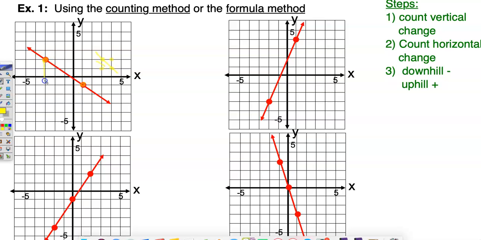So what we're going to do is create a right triangle out of this so we can find our vertical and horizontal change. So this here has a length of 3 boxes. This here has a length of 4. So our change in y is 3. Our change in x is 4.